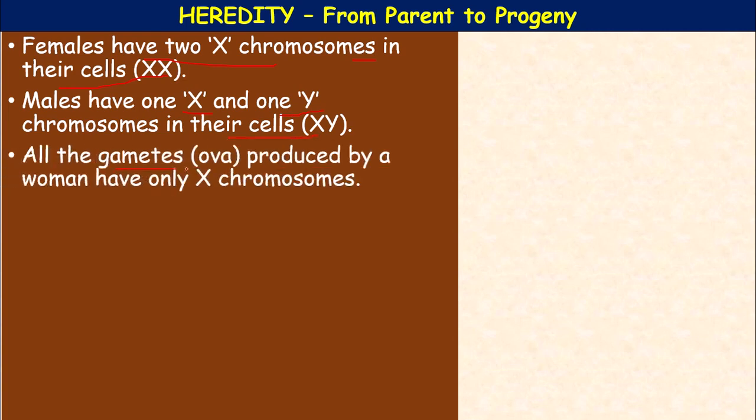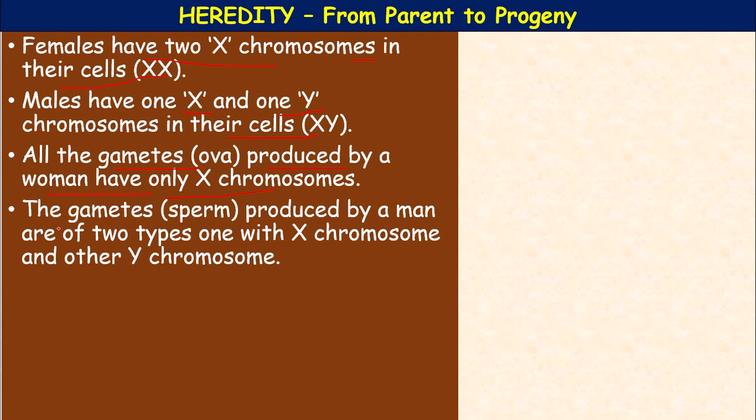All the gametes, the ova, produced by a woman are haploid, with only one X chromosome present. The gametes, the sperms, which are produced by the male have two types of chromosomes, one with an X chromosome and the other with a Y chromosome.